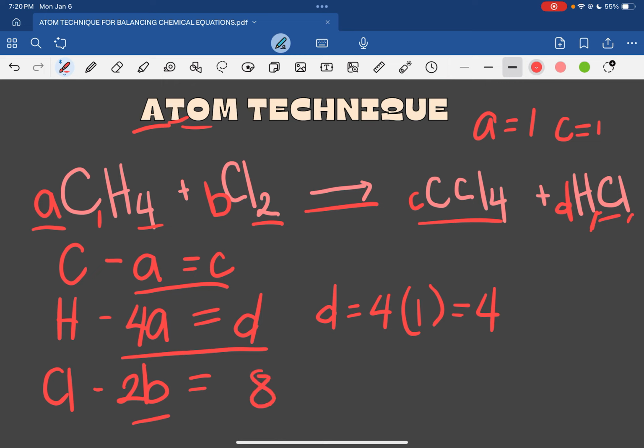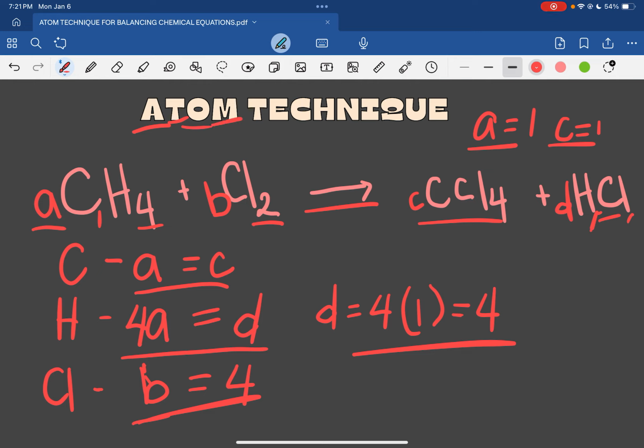And if we divide both sides by 2, we will obtain B is equal to 4. Now that we are able to obtain all the values in there, we can move on to the last step, which is to match our equations.